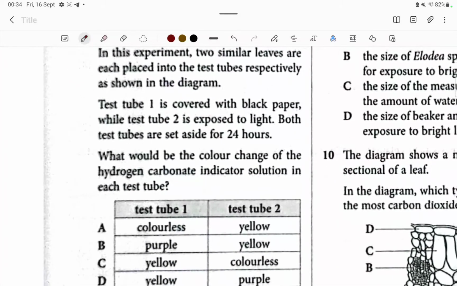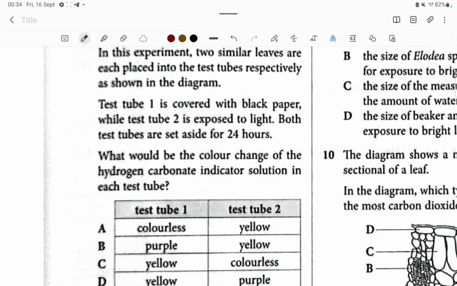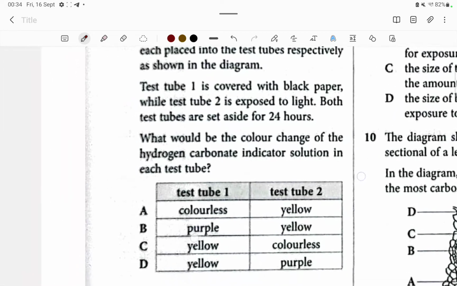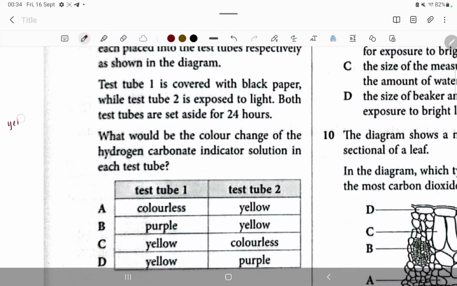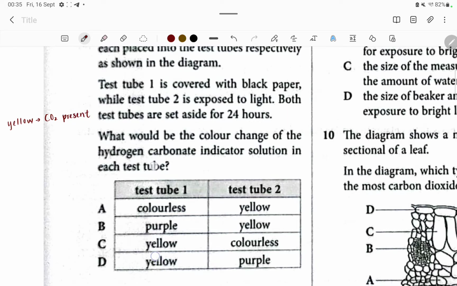Okay, so this one, the hydrogen carbonate indicator, if not mistaken, the color and the meaning of the color I already inserted into the notes. So this one, when yellow means carbon dioxide present, and then this one is at high concentration also.